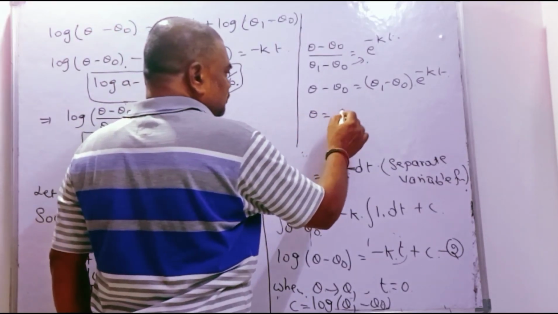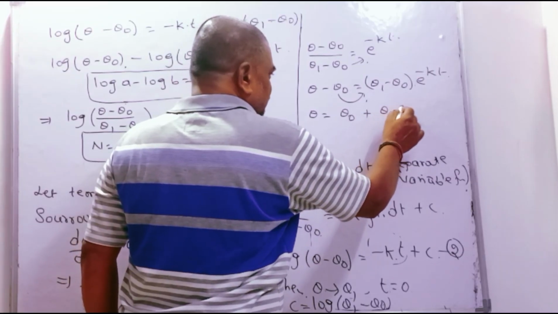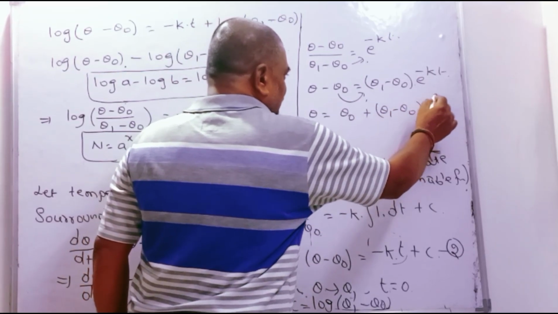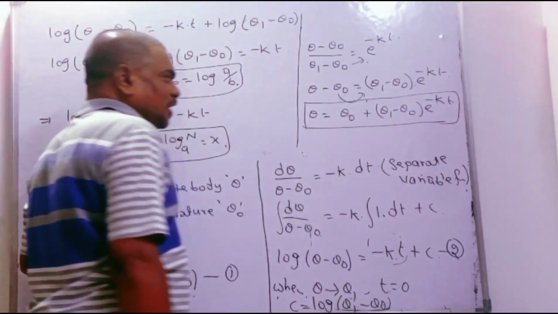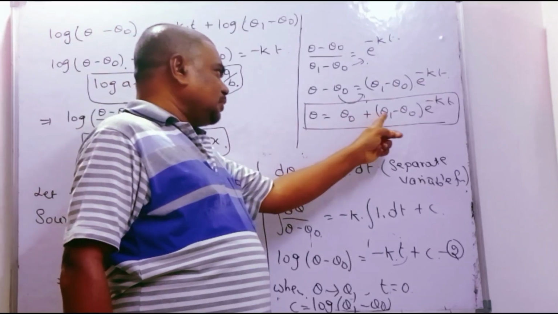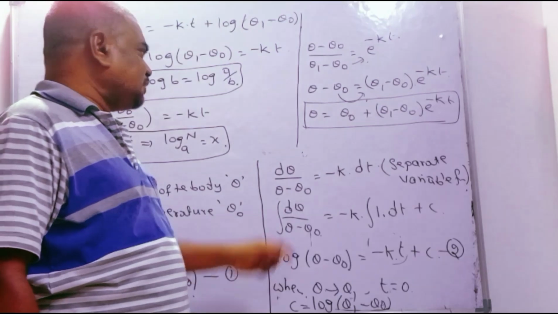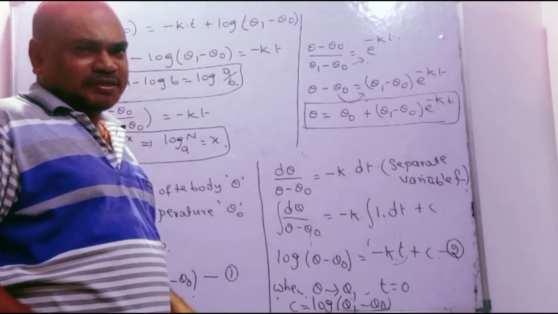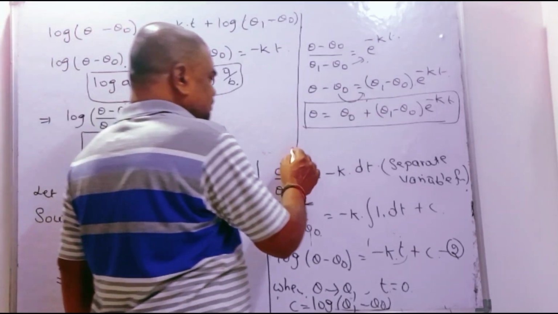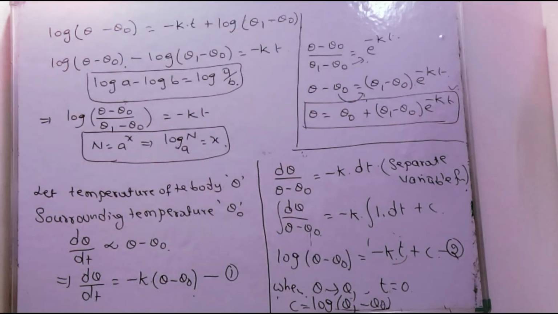Then theta equal to theta 0 plus theta 1 minus theta 0 into e power minus kt. When we know the time and theta 1, we can find theta, the temperature of the body after t seconds. So this is the formula to find the temperature after t seconds.